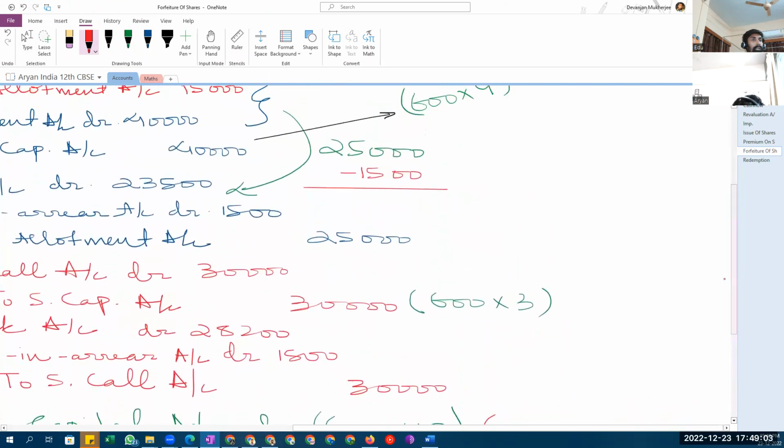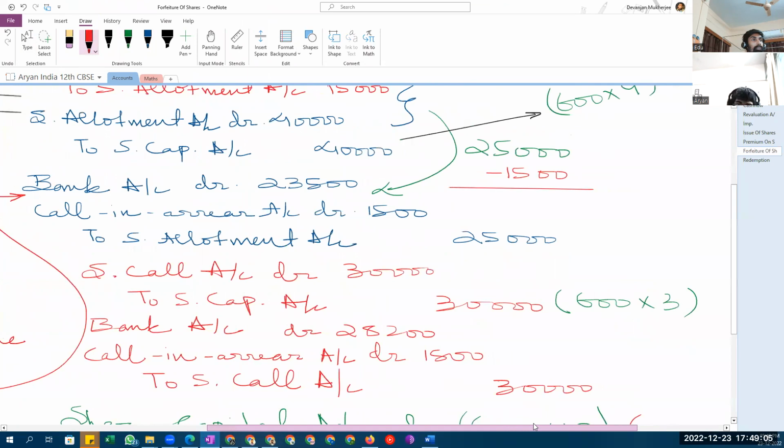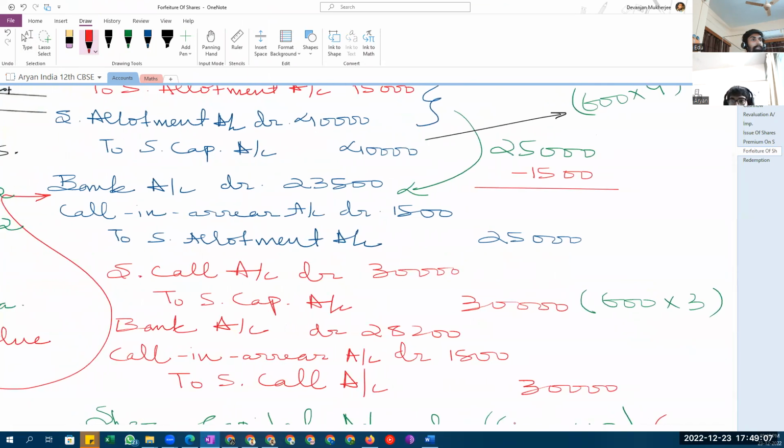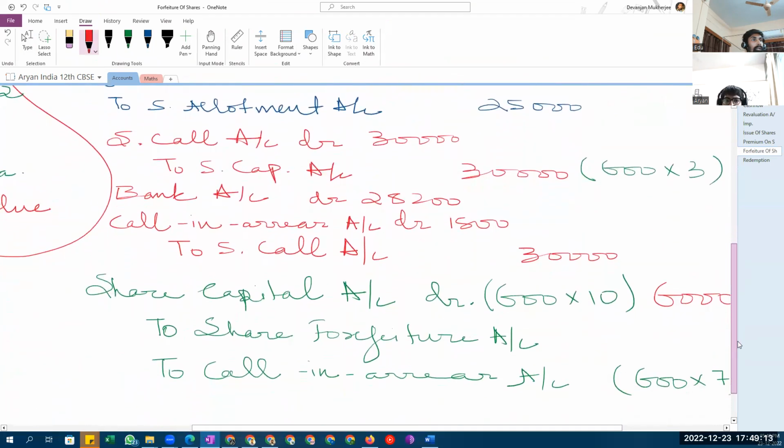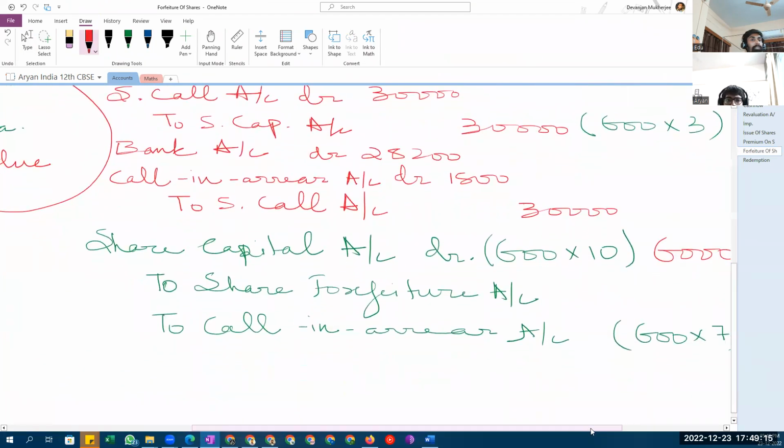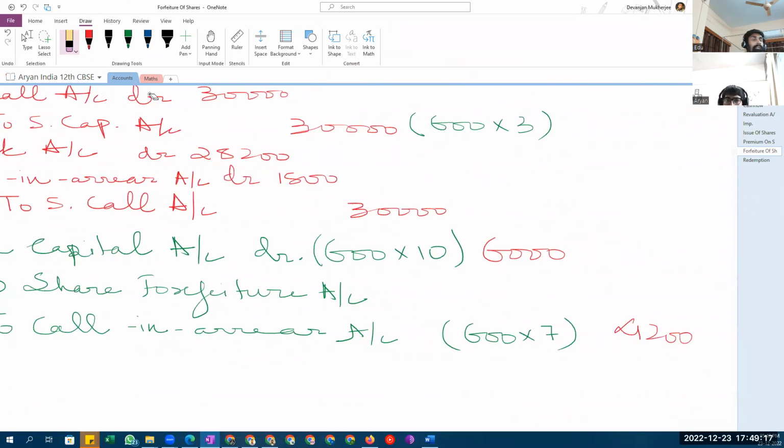Or wait a second. If we want to directly do it using this, we can see call in arrear में कितने पैसे. Call in arrear में we have a 1,500 here during allotment, and during call we have 1,800. So just add them up now. This direct approach will not work in this question because there is a special adjustment, the extra money thing. Otherwise it would have worked.